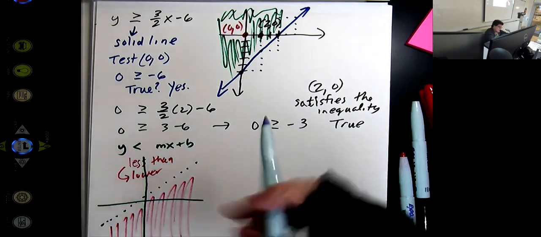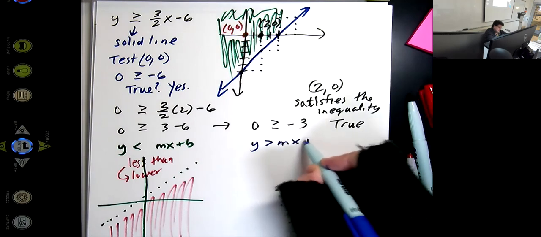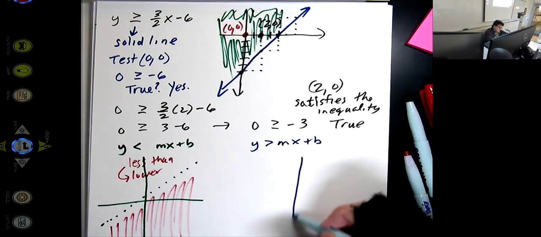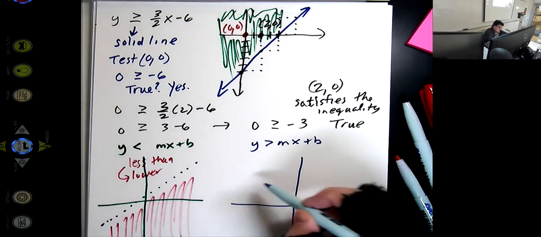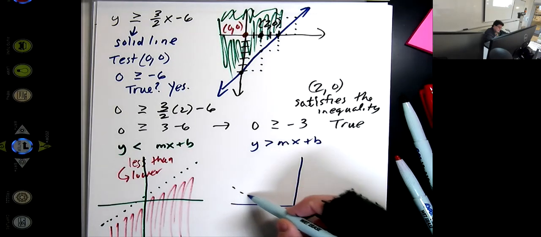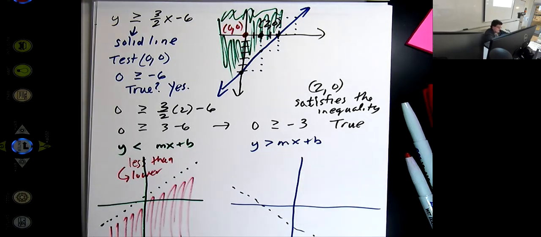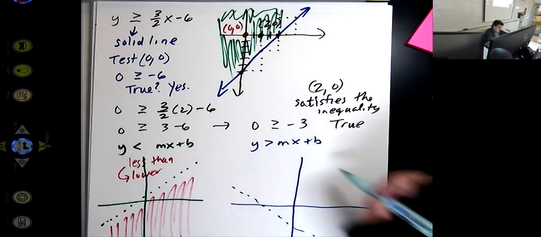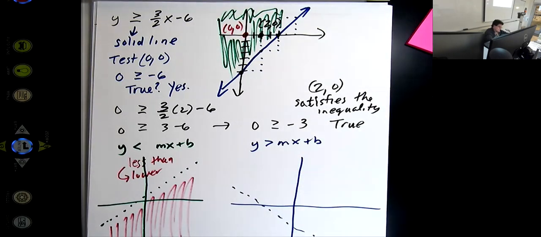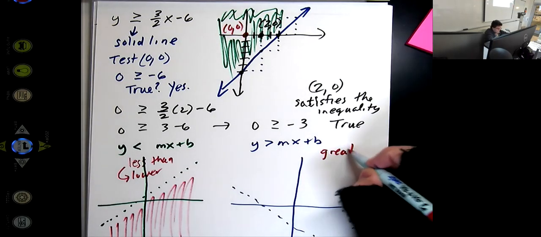If I have y is greater than mx plus b, maybe it's like this. I will shade greater than, or above.